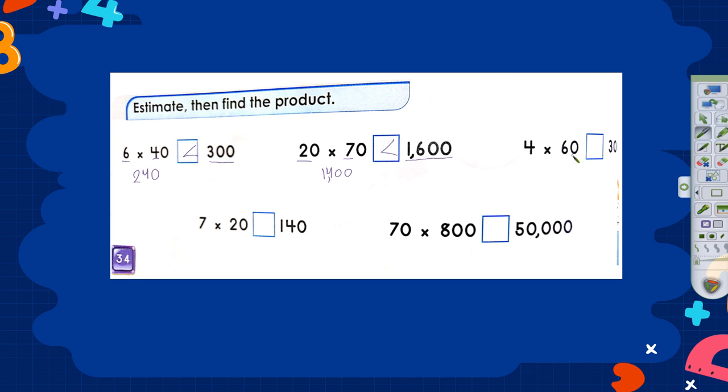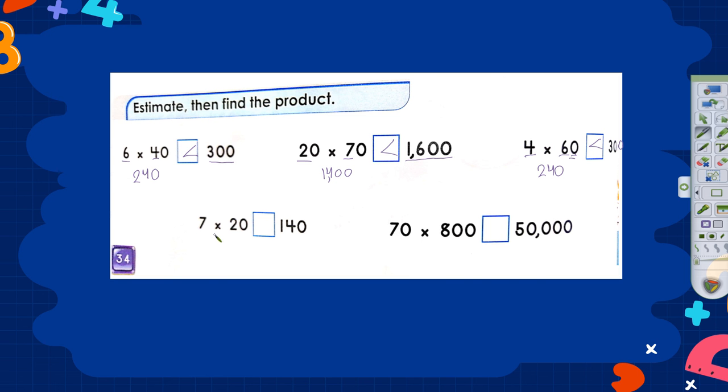4 times 60. I know that 4 times 6 equals 24 with 1 zero because we have 1 zero in the factors. Now 240, you will compare it with 300. You know that 300 is greater than 240, so greater than.